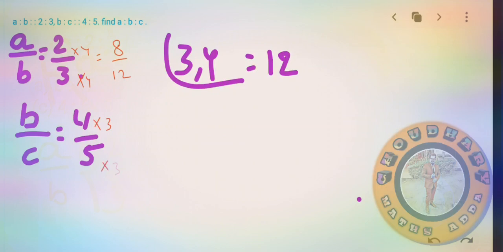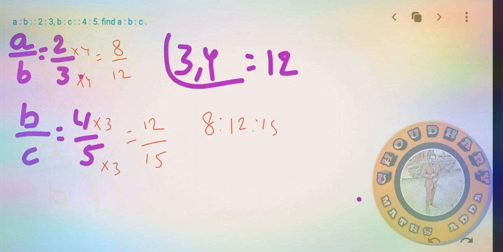So the second ratio B/C will be 12:15. Okay, so now we can see that the value of B in both the ratios is 12. So now we can write A/B/C, that is 8:12:15.